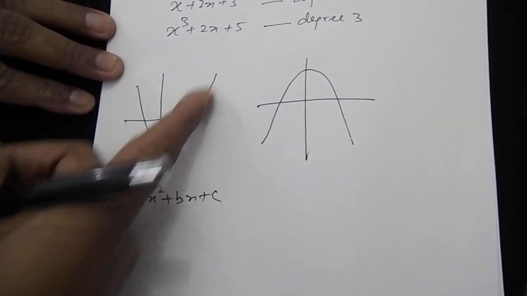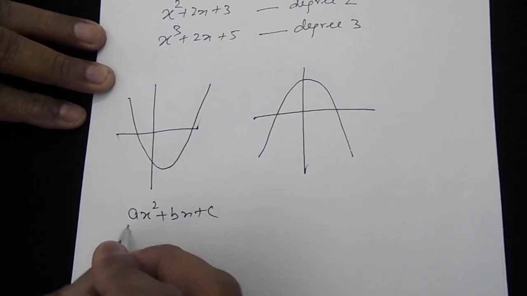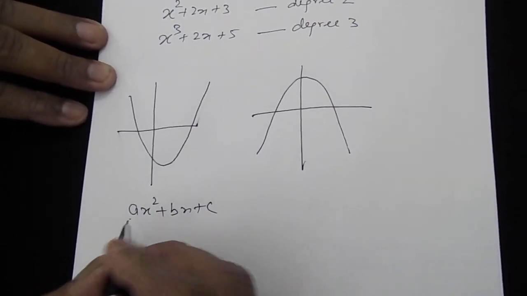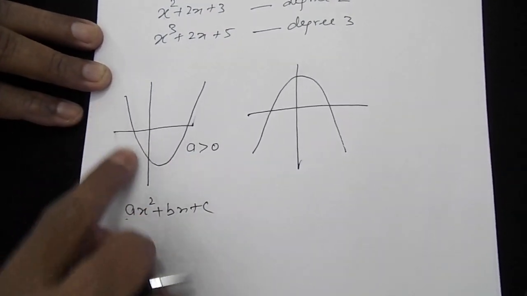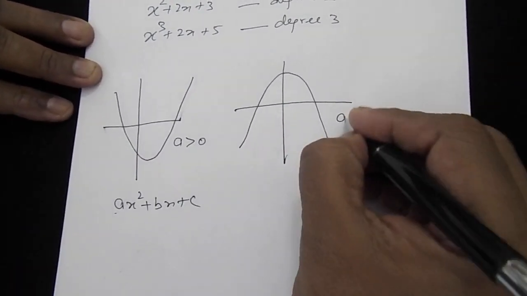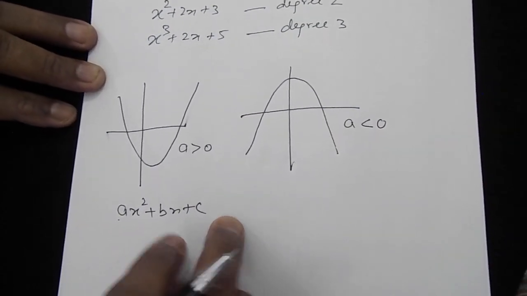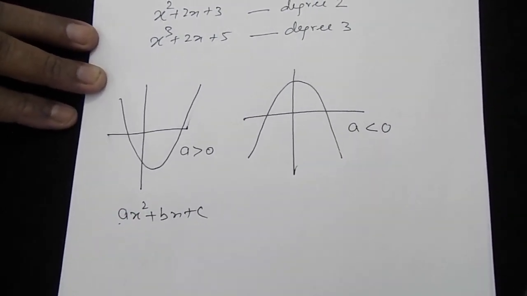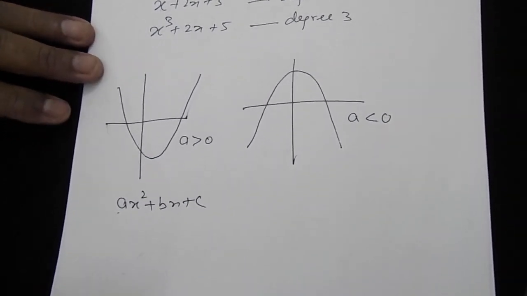Whether the parabola faces upward or downward depends on the value of a. If a is greater than 0, then the parabola faces upward. If a is less than 0, then the parabola faces downward. You must know this because there are chances of getting a 1-mark question based on this.